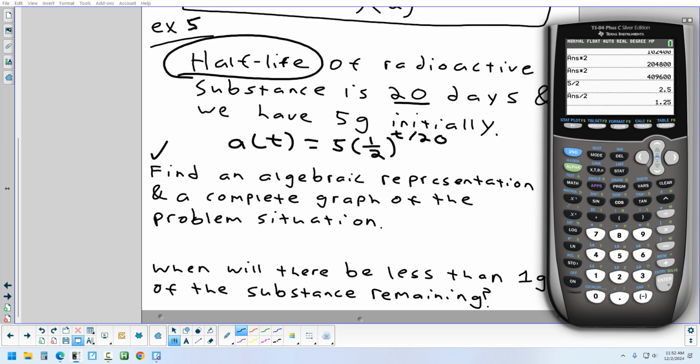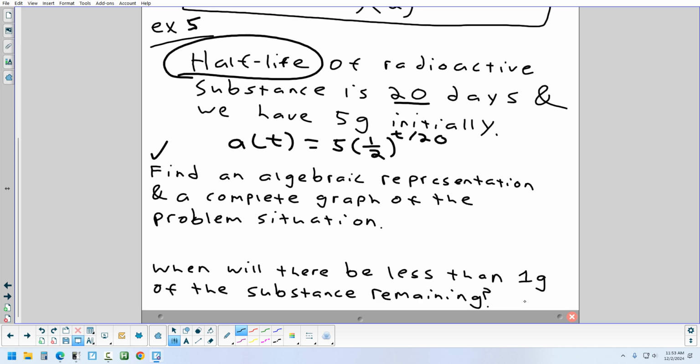There's 2. There's 3. So it's somewhere between the second and the third cycle that we're going to go under a gram. How many days would that be if it's between 2 and 3 cycles? Somewhere between 40 to 60 days, because each cycle is 20 days long. Where between 40 and 60? That's what we need to figure out.